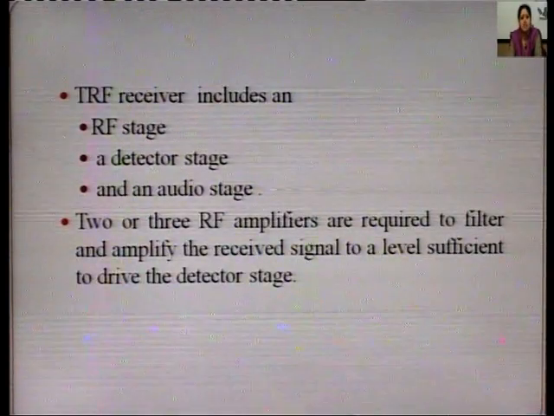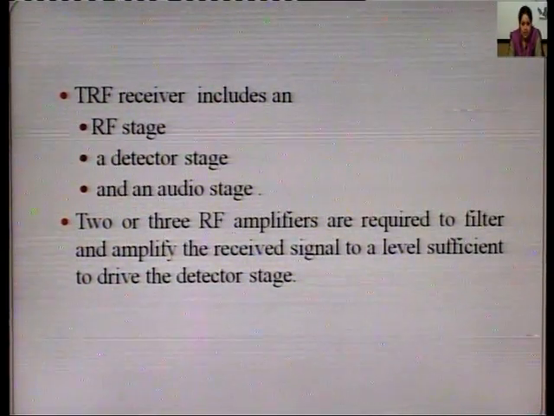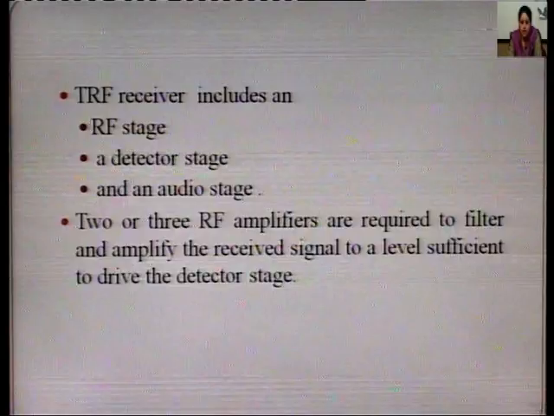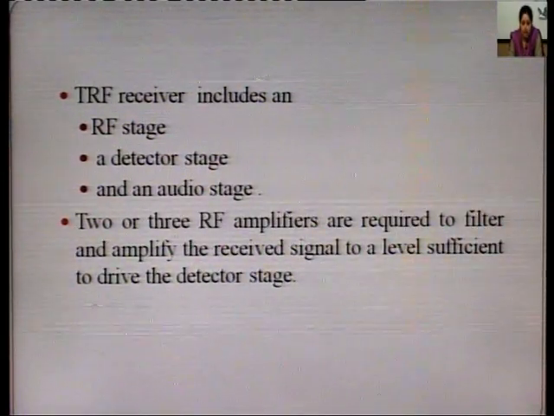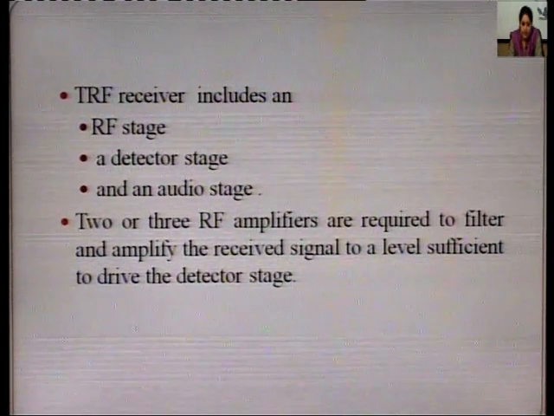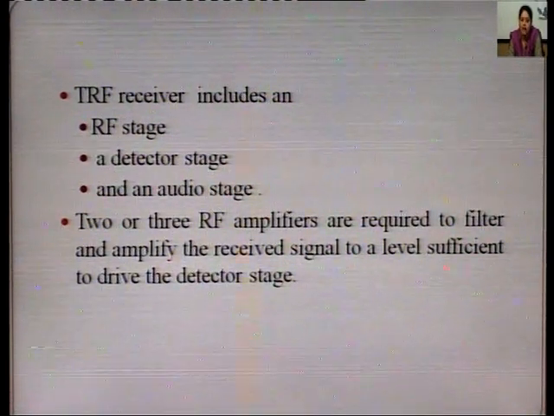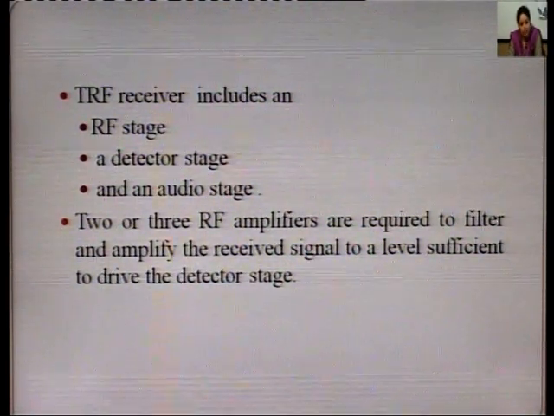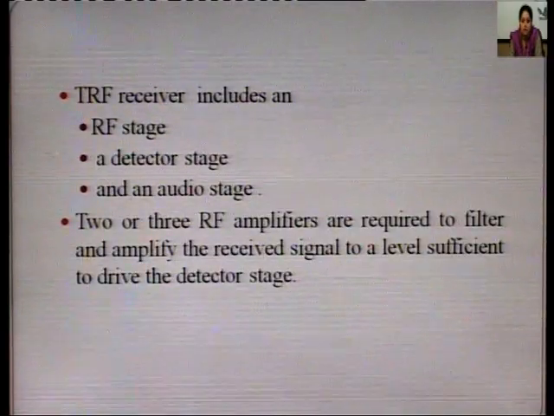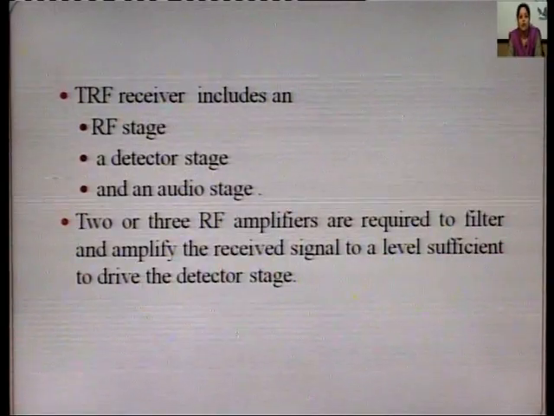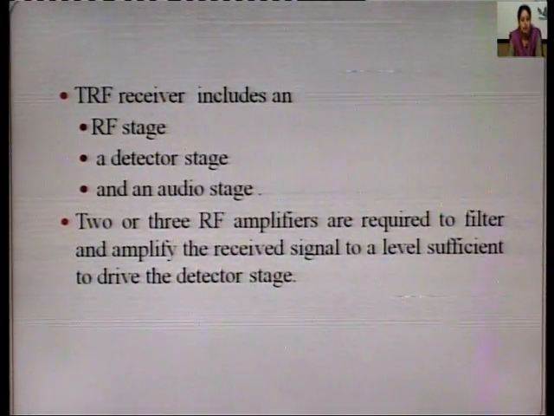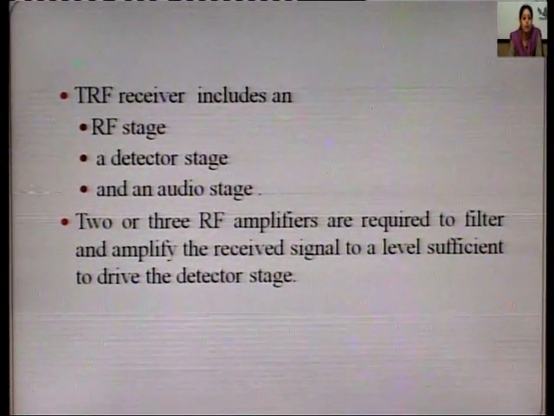So the TRF receiver includes an RF stage, a detector stage and an audio stage. The RF stage selects a particular frequency. The detector stage provides the demodulation process to the signal so that it is brought into the original form. The audio stage provides amplification to the detected, that is, demodulated, signal.